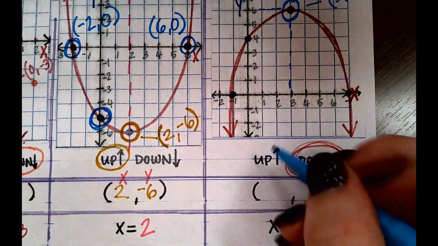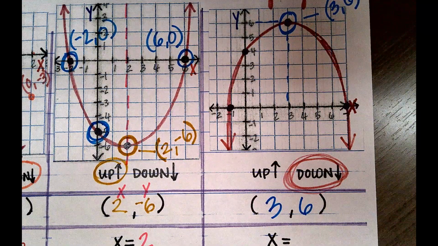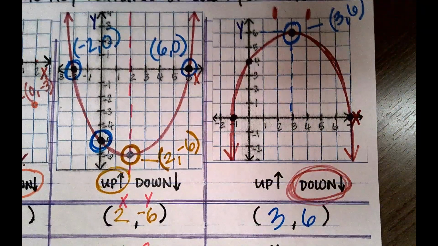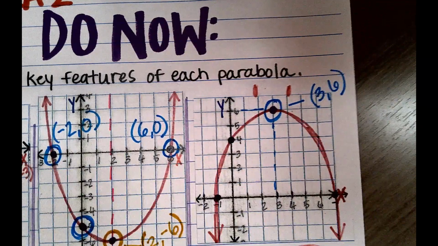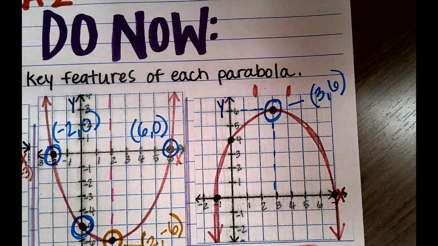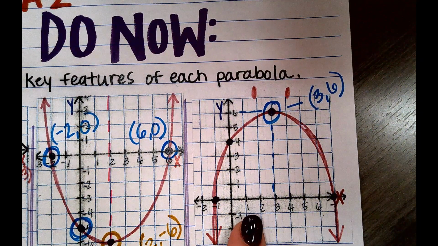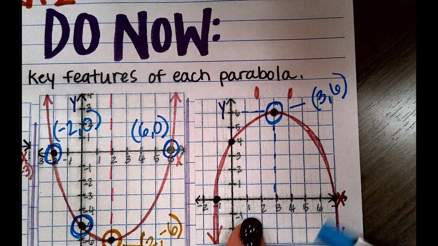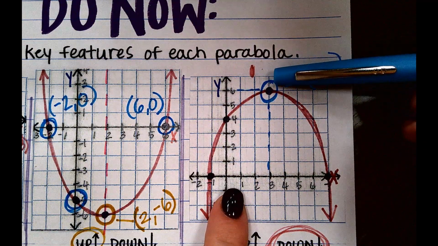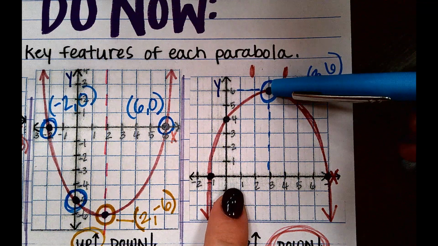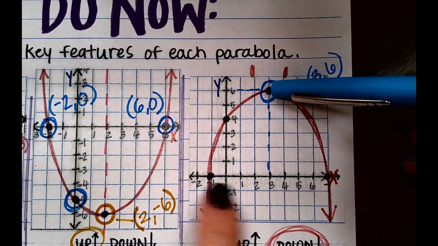3, 6. Good. All right. Where's the 3 first? Why is the 3 first? Somebody raise your hand and tell me why. Anything that's on the X-axis goes first. Okay, so the X value comes first. Always. Yes. To explain that a little further, when I look at this point and figure out what my X value is, I'm going to find the X-axis. It's down here.